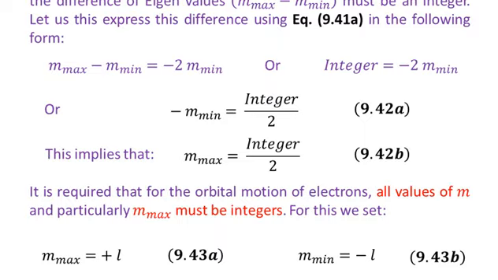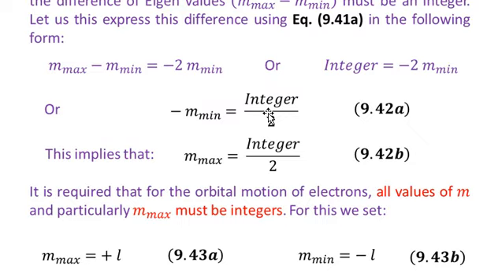So from here you can infer two things. That is, m minimum and m maximum are whole numbers when the integers in equations 42a and 42b are even integers. If you put even integers in equations 42a and 42b, you will notice that minus m minimum and m max become purely integer values.